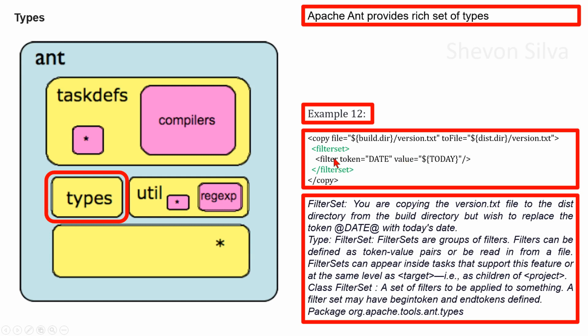Filter sets can appear inside tasks that support this feature, or at the same level as target, that is as children of project. With regarding API, we can consider class filter set, a set of filters to be applied to something. A filter set may have begin token and end tokens defined. This is the package org.apache.tools.ant.types.